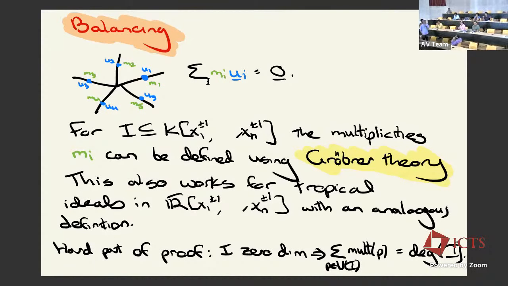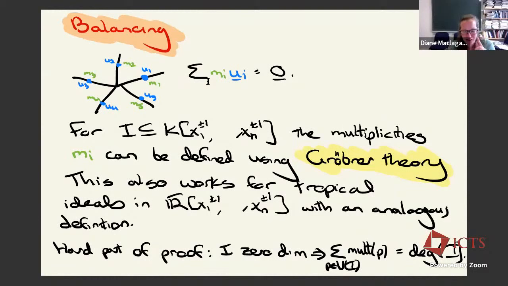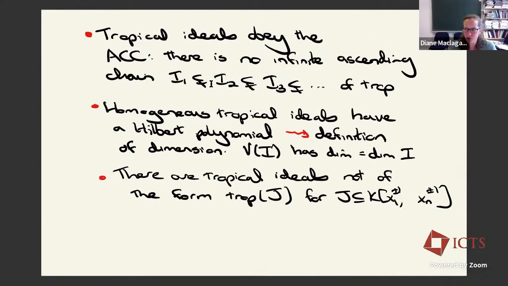I have a question. Is there a notion of primary tropical ideal? Yeah, that is actually the question. I'm trying to finish a grant proposal this week where that is one of my questions. This was one of our motivations: to see if we can understand primary decomposition.